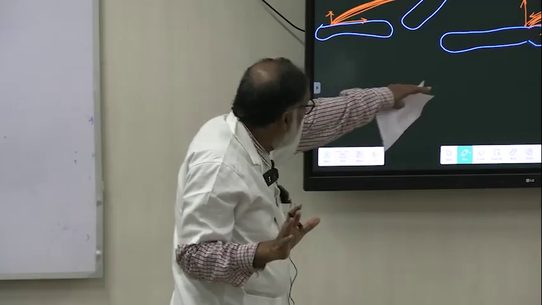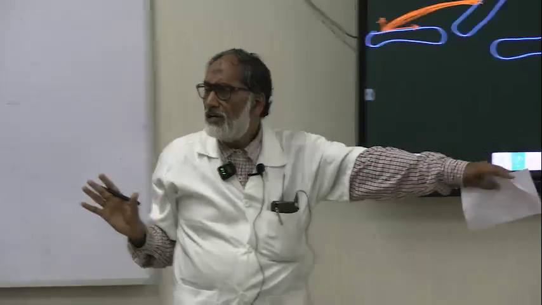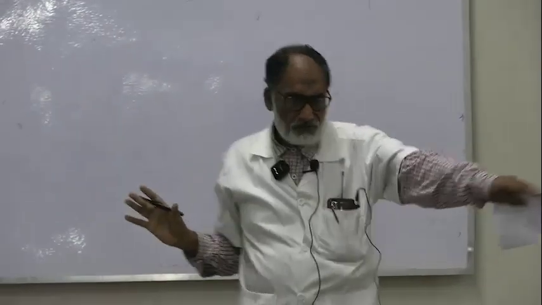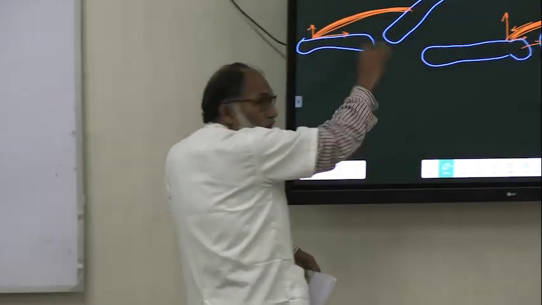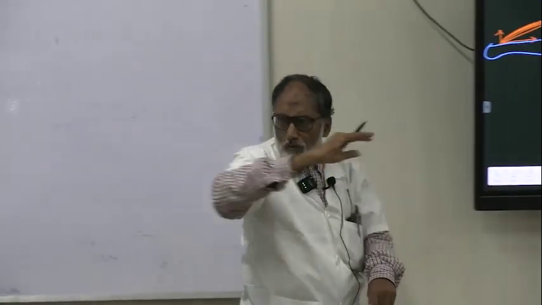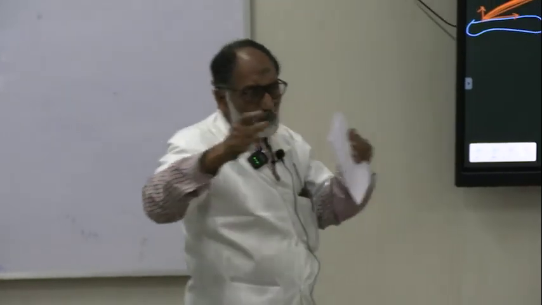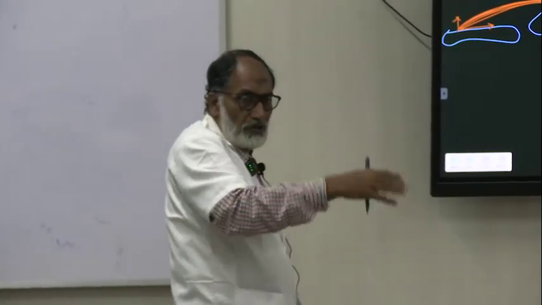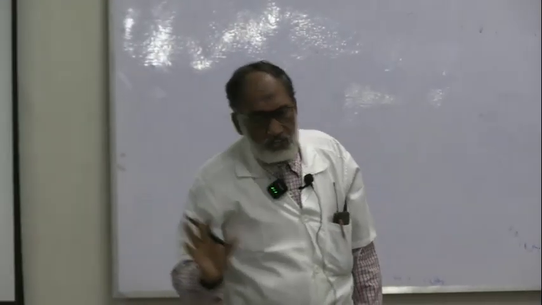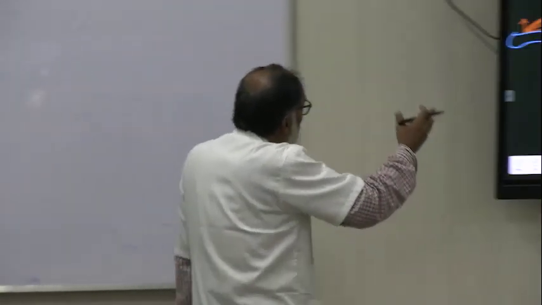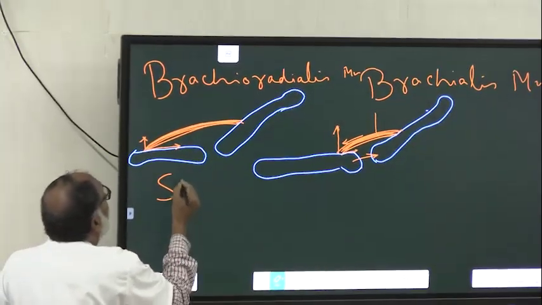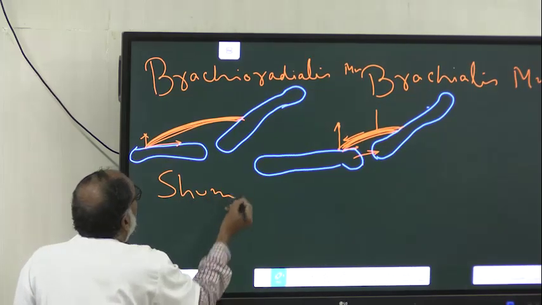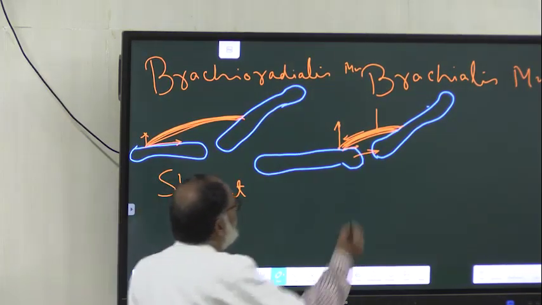So here brachialis is the spurt muscle, and when the horizontal component of the vector is more than the vertical component, then that muscle is known as shunt muscle. Here brachioradialis is shunt muscle, and this muscle is a spurt muscle.